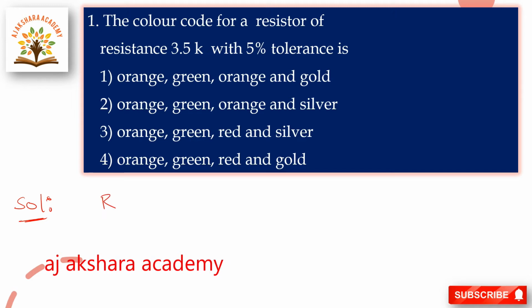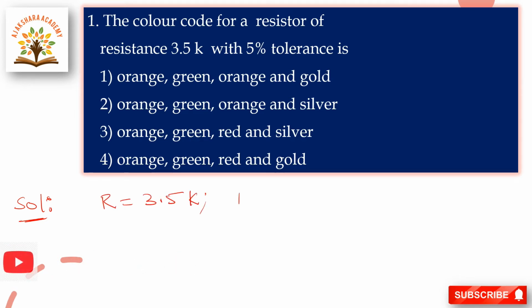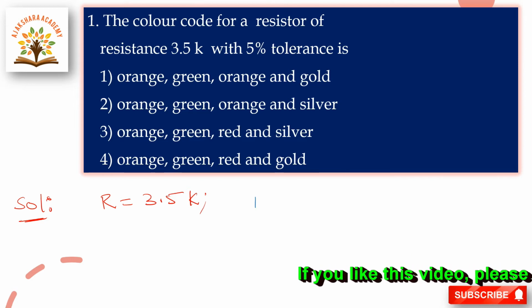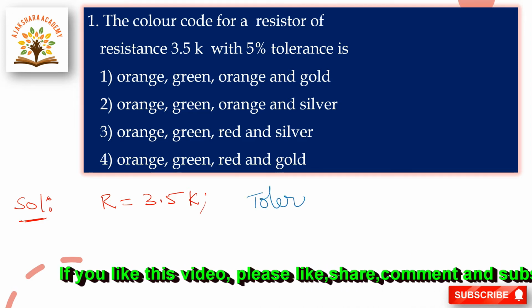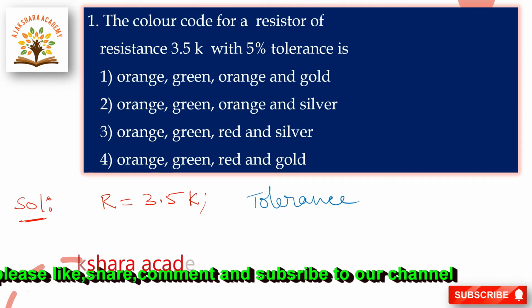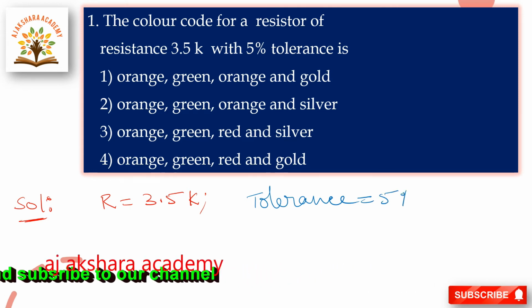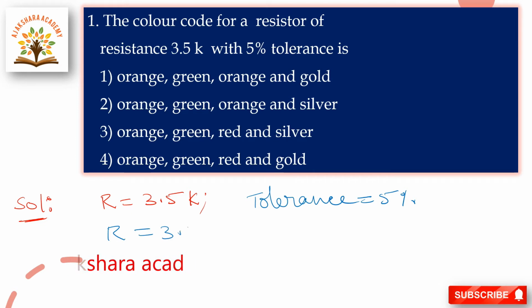Given R is equals to 3.5K and tolerance, they have given us 5%. Tolerance is equals to 5%, and this can be written as R is equals to 3.5 into 10 cube. R is equals to 35 into 10 square.